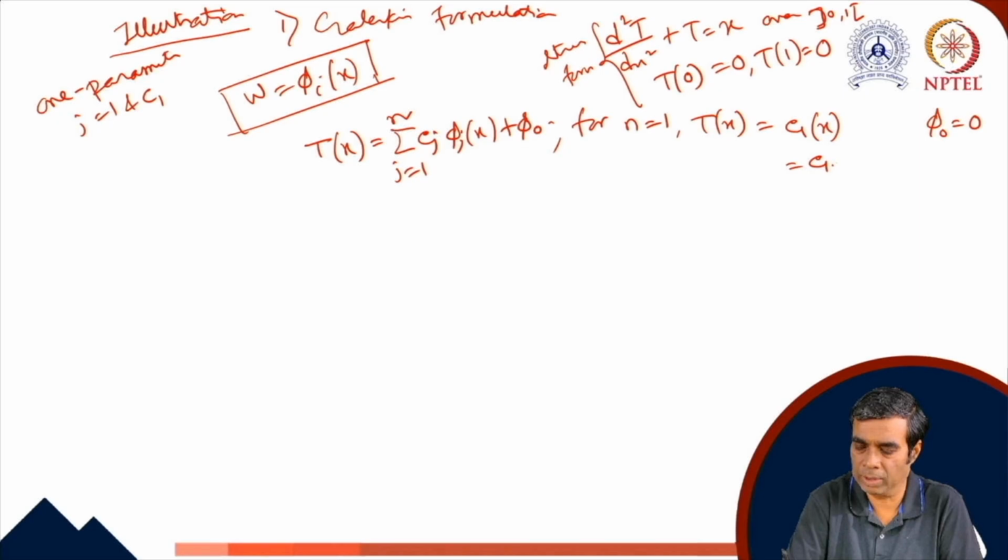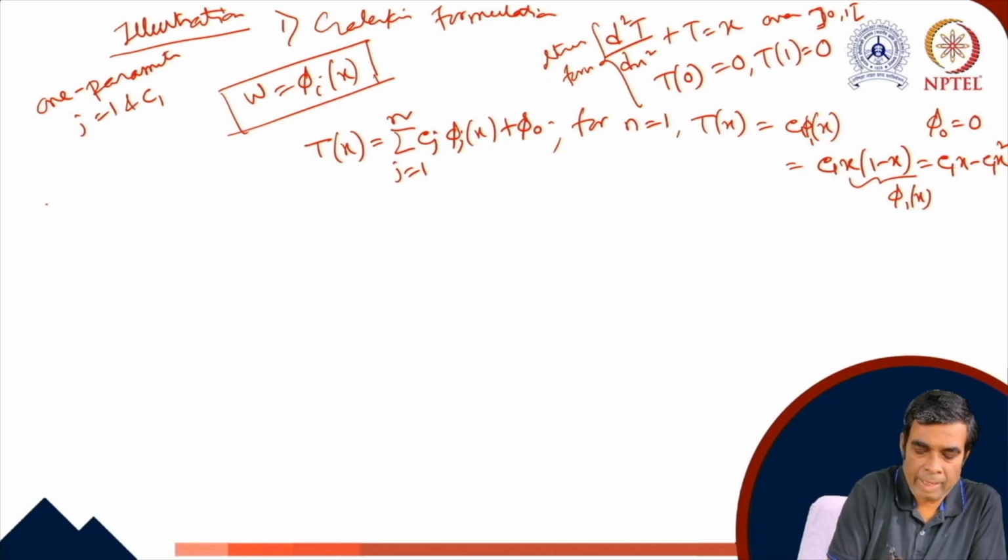So this is C1 into φ1(x), C1 into x into (1 minus x). So this is our φ1(x). So it is C1x minus C1x square.